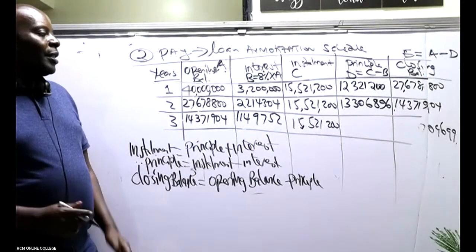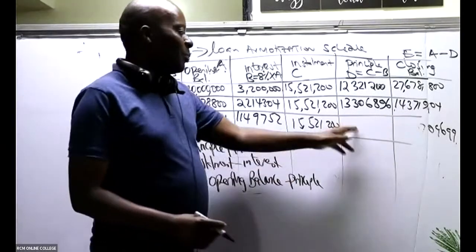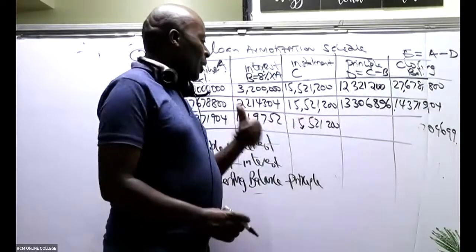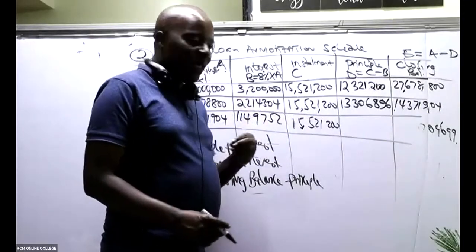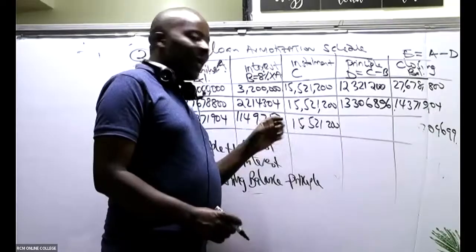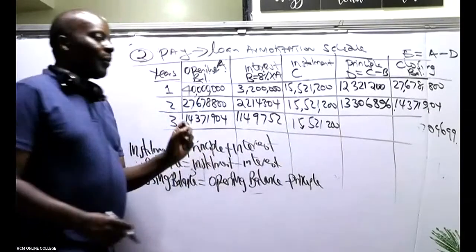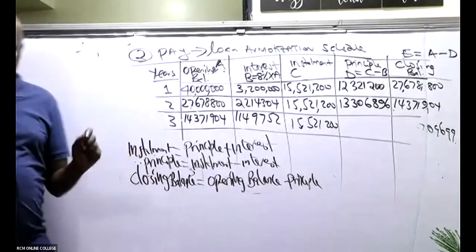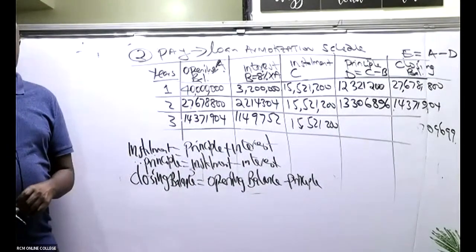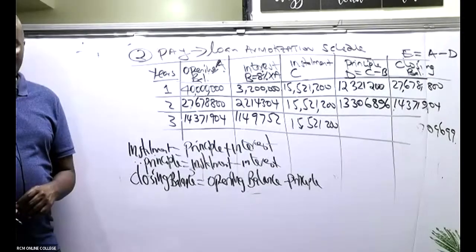Great. Then, ladies and gentlemen, I will be able to get the principal right away by taking the figure. I don't wrap my figures in my calculator. I will simply say this figure minus my answer in the calculator to be able to get the principal amount.